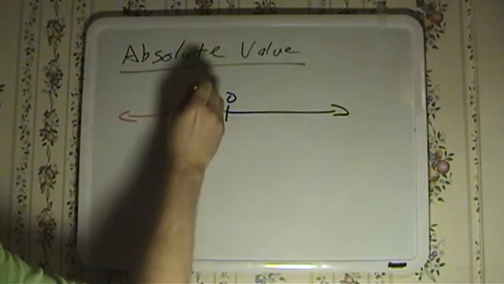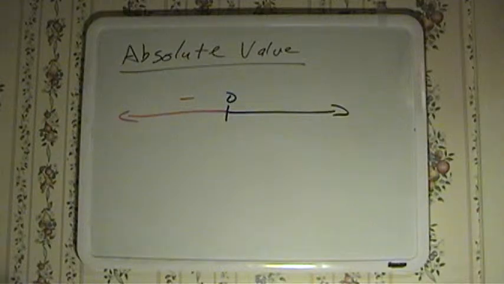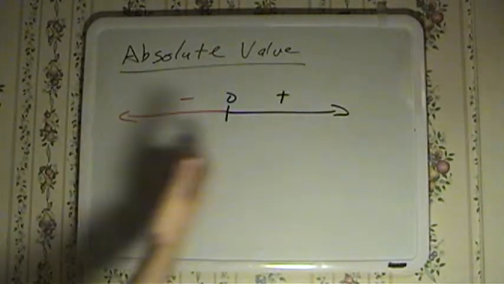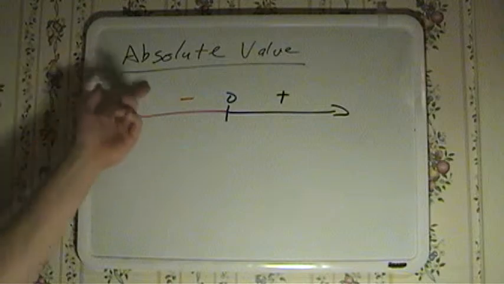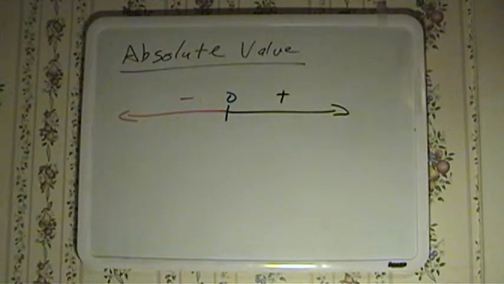These are our negative numbers, and these are our positive numbers. Now, I'm sure everybody is familiar with negative and positive, depending on which side of 0 you're on. But when we start talking about absolute value, we're not worried about positive and negative signs. What we're worried about is how far a number is from 0. It doesn't matter which direction, we're just talking distance.